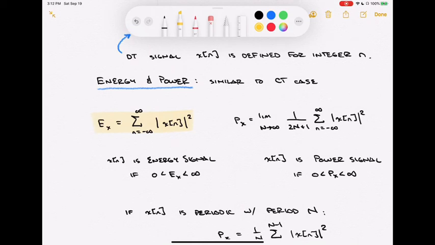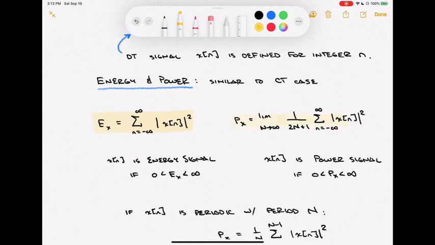This looks identical to what we saw for continuous time, except the integral of continuous time became a summation in discrete time. Of course, that's pretty obvious because a discrete time signal doesn't have that continuum by which we can do integration. The analogous operation to integration for discrete time would be summation.